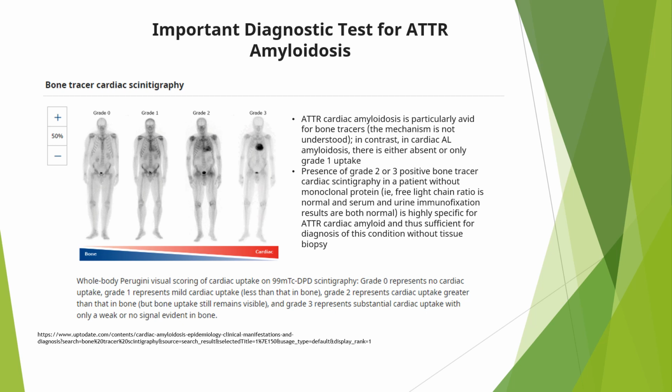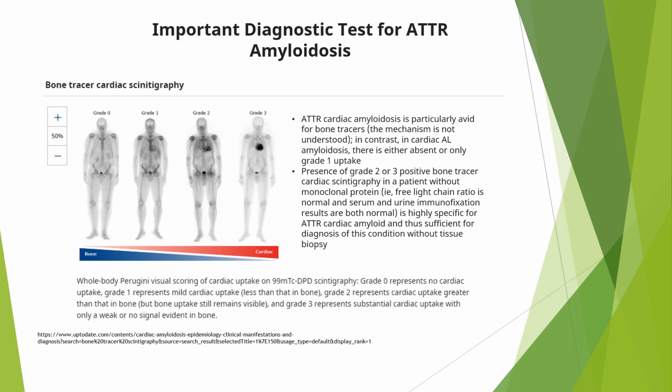As you see, there is no black spot or uptake at the cardiac region; there's none. Grade 1 represents mild cardiac uptake, as you see over there. And then if you move towards grade 2, it represents greater cardiac uptake, greater than that in the bone, as you can evidently see with this black spot over there.